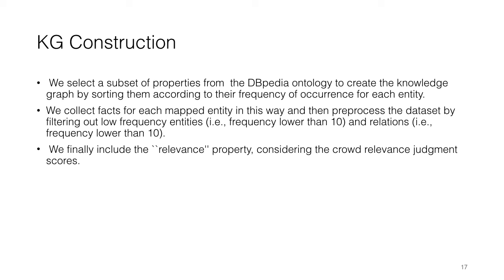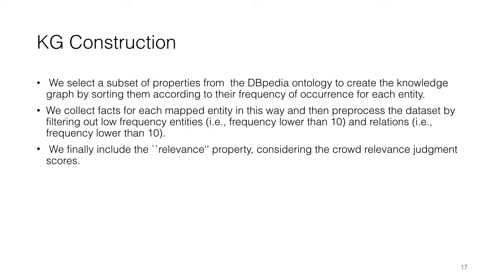We collected the related facts for those entities by leveraging DBpedia to create our knowledge graph. During the knowledge graph creation step, we only considered those triples that are directly connected to the entities in our dataset. One entity can have a subject or object role in the considered fact triple, as we know.